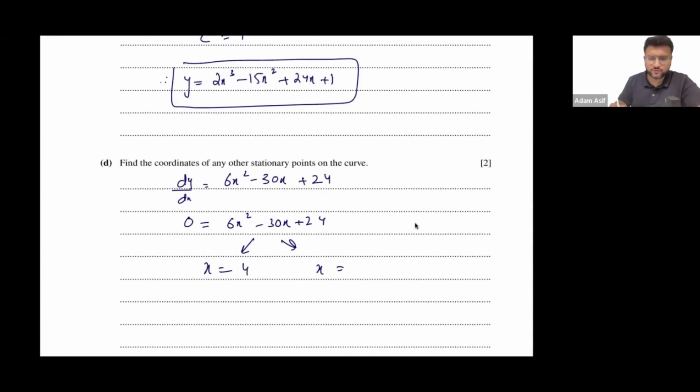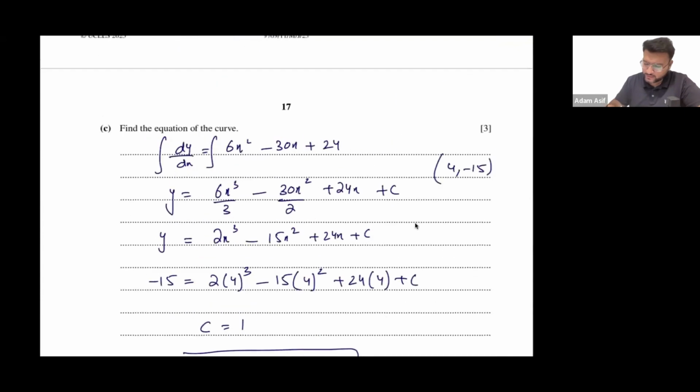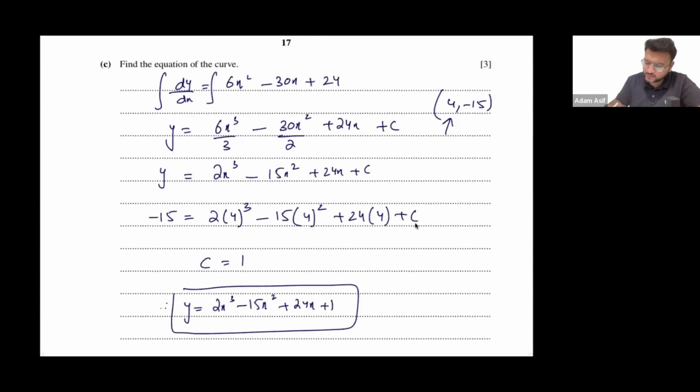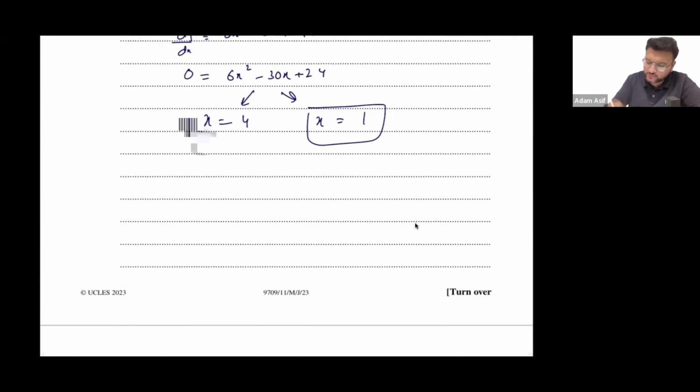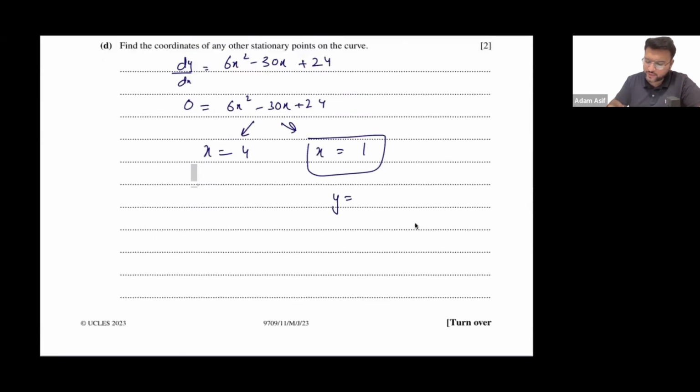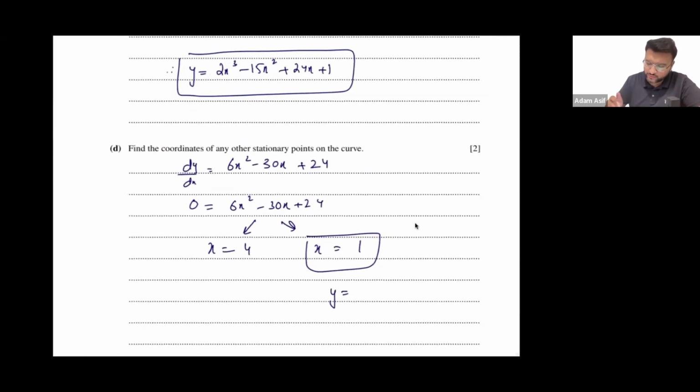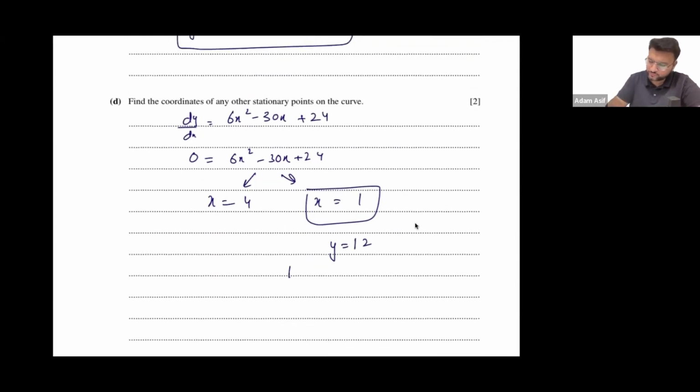One value of x is 4, the other value is 1. So we already knew one stationary point, the one with 4. So the other stationary point is going to be x equals 1. And when x is 1, y is going to be 12. So 1 comma 12 is the other stationary point.